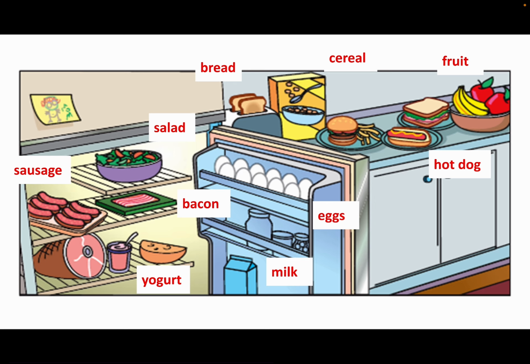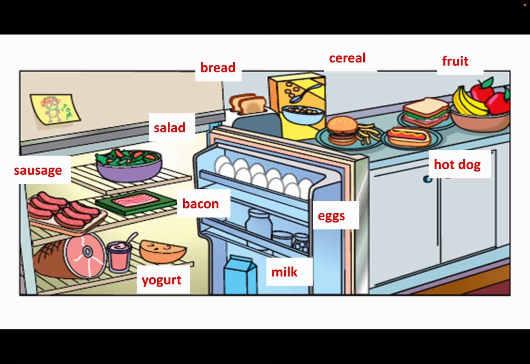Number 4, la hamburguesa está delante del cereal. Is the hamburger delante to the cereal? Number 5, el perrito está detrás del yogur. Is it the perrito caliente, the hot dog, detrás del yogur?